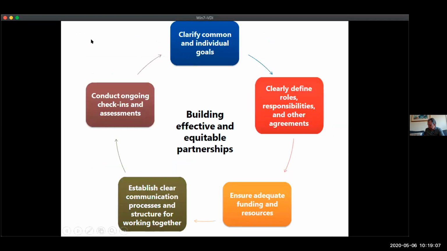So to build effective and equitable partnerships, there are a number of different components of this, but really it's to develop a structure for collaboration with all the partners in your project to carry it out and to plan it together. So that includes clear communication processes, how you will allocate adequate funding and resources given the kinds of roles you want each partner to play in the project.